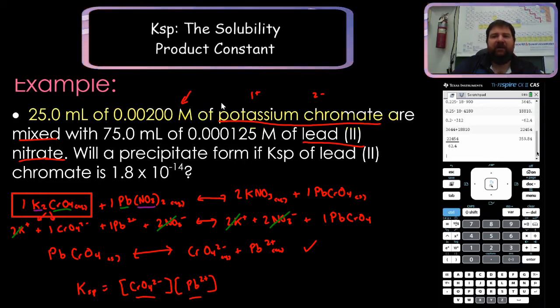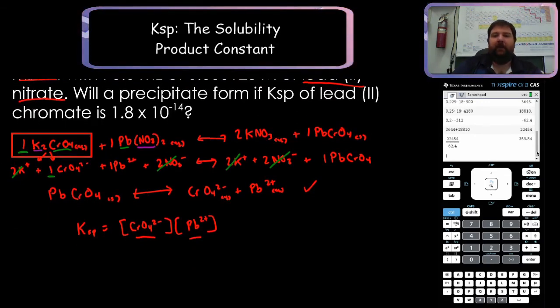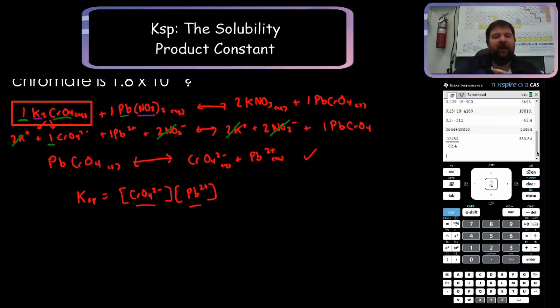Let's compare the stoichiometric ratios. We had one potassium chromate for every one chromate. What does that tell you? That tells you that the molarity of potassium chromate is going to be the same as the molarity of chromate. So it might not have looked like I knew the concentration of chromate, but I did.